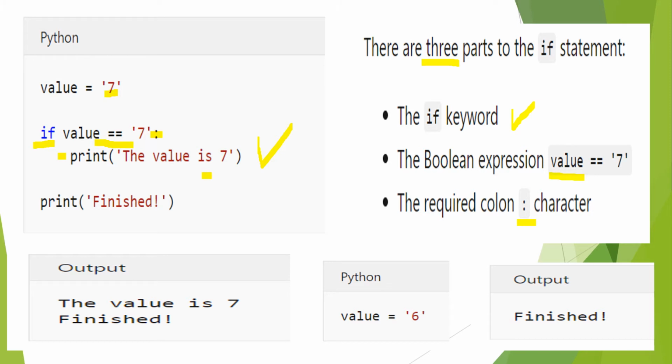This indentation tells the Python interpreter that this code belongs to the if statement. And of course, it should run when the Boolean expression evaluates to true. If the Boolean expression evaluates to false, all of the indented code should be ignored by the Python interpreter.